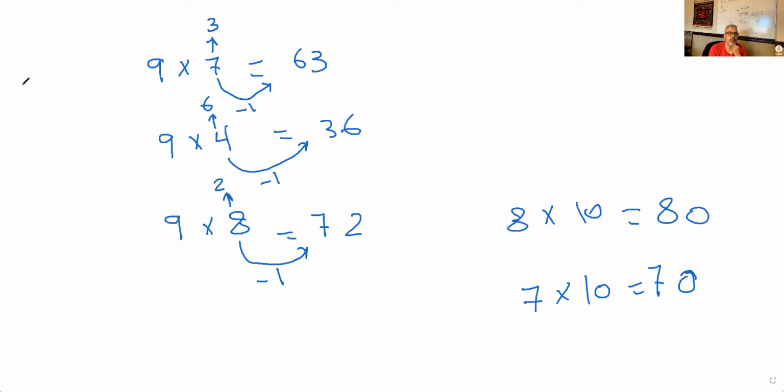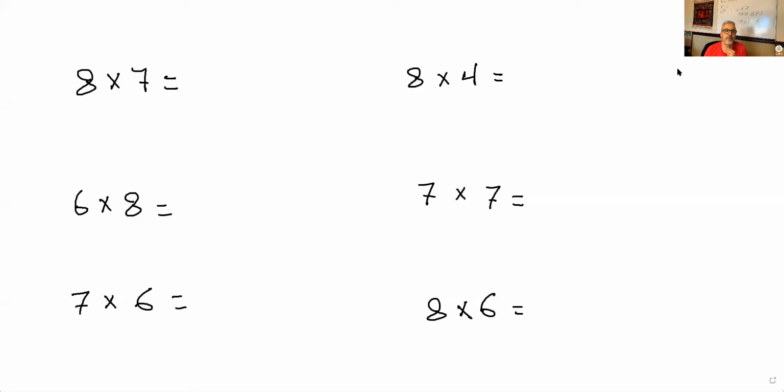Now let's deal with between 6 and 8. The 9, there are so many ways to remember the 9, but this is another way that you could explore, and it always works. So here's how we deal with the 8, 6, and 7.